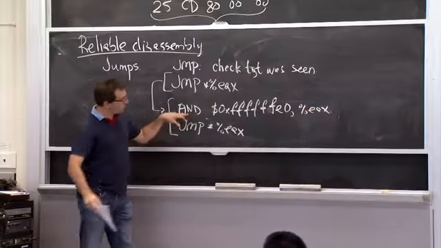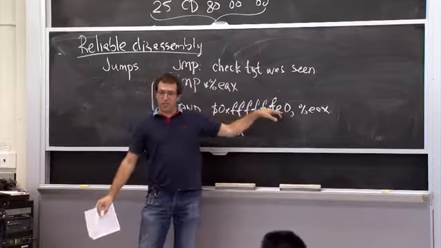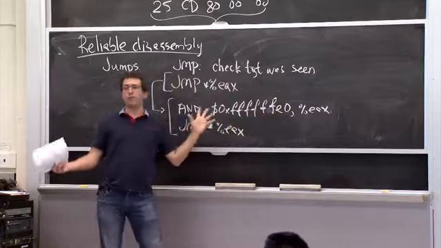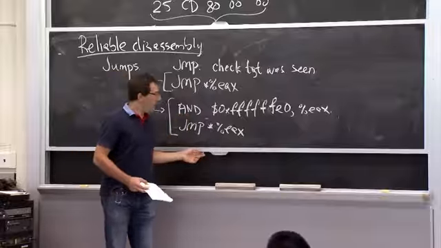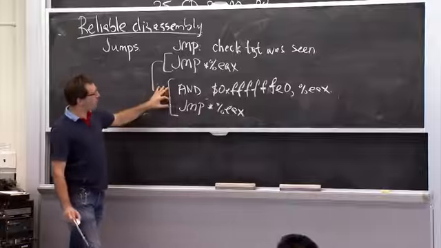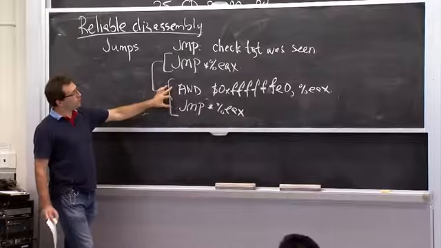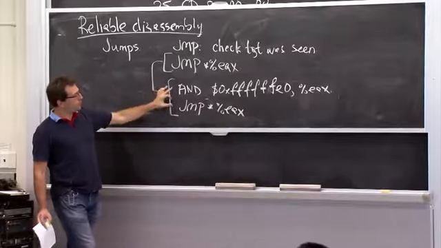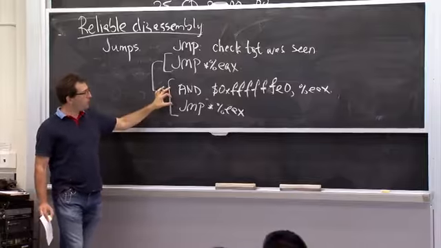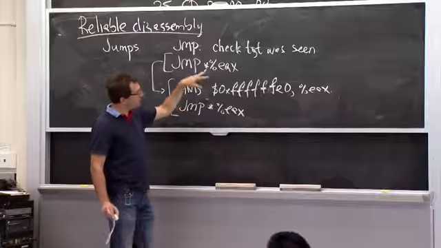So this AND instruction clears the low 5 bits, which forces this value to be a multiple of 32, 2 to the 5. And then you jump to it. So if you look at it during verification time, you can convince yourself that this instruction pair will only jump to a multiple of 32 bytes.